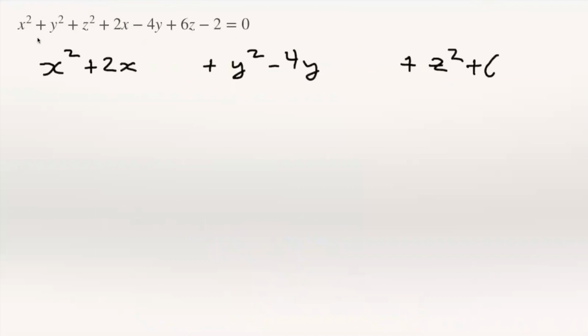So again, for each component. Gathering together terms, by which I mean gathering together the x terms, y terms, and z terms, we have x squared plus 2x plus y squared minus 4y plus z squared plus 6z. And that minus 2, let's move that to the other side.